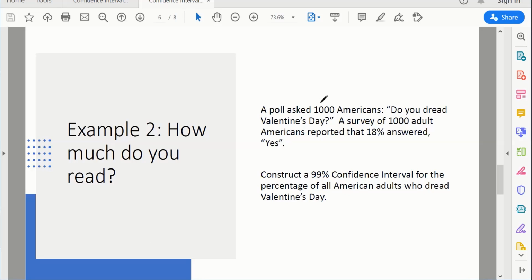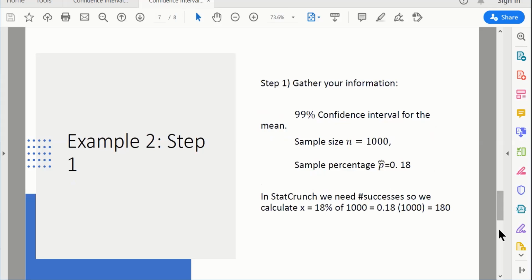So we have 1,000 adult Americans, so that's your n is 1,000. 18% is your p hat. And then they want a 99% confidence interval. So if we go into StatCrunch, these are our numbers: 99%, 1,000, and 0.18.